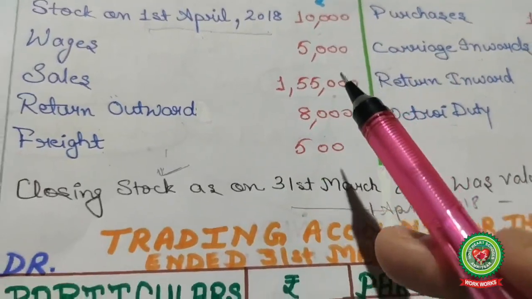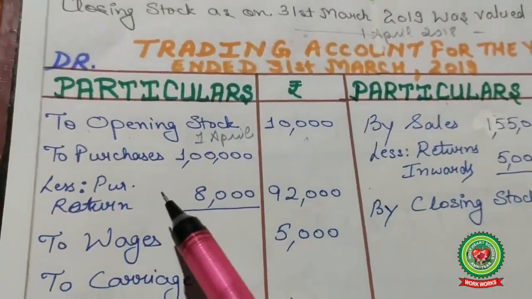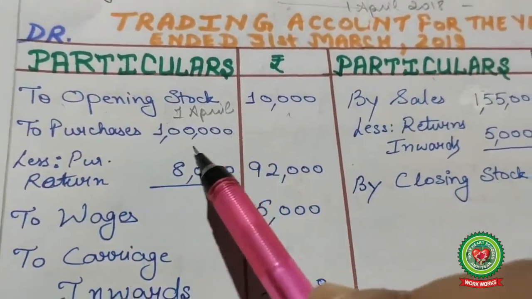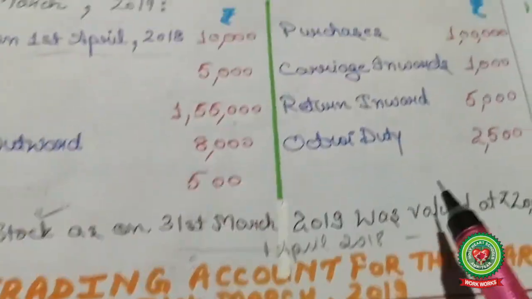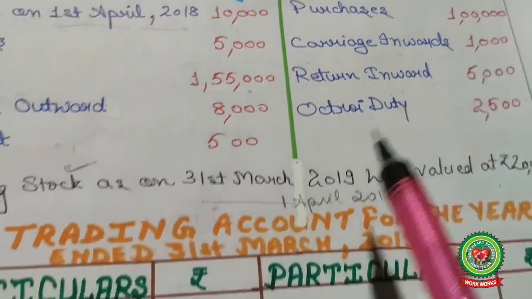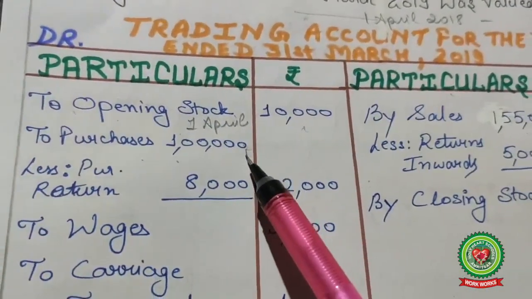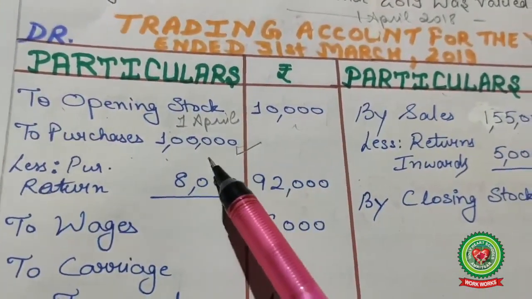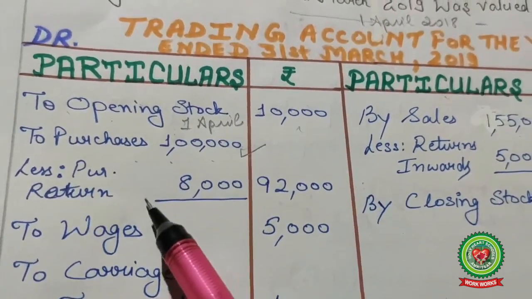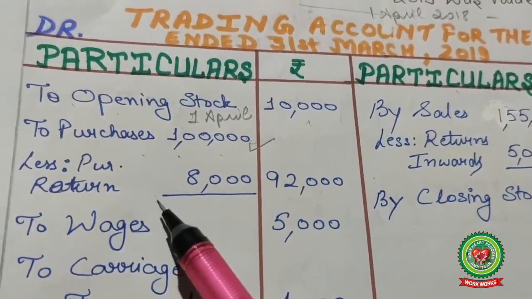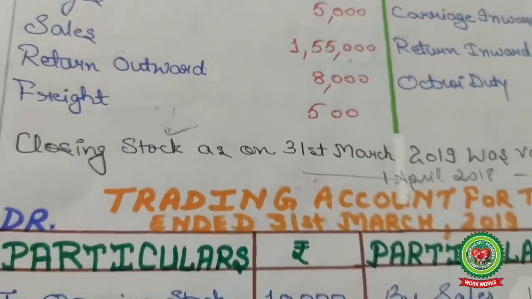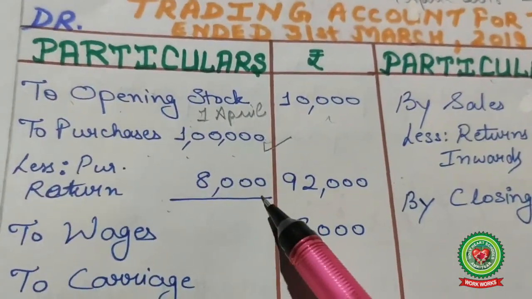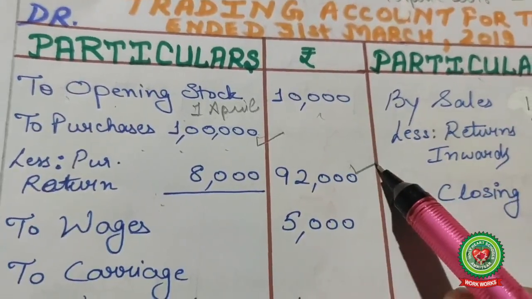After opening stock, number 2, purchases. See the purchases, 1 lakh, recorded here. Now less returns, purchases return, it means return outward. So here see, return outward 8,000, deduct 8,000. Now the amount here is 92,000.